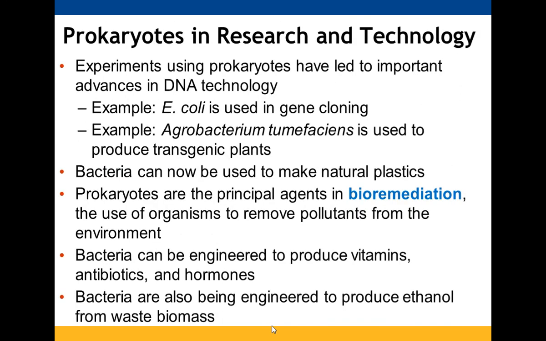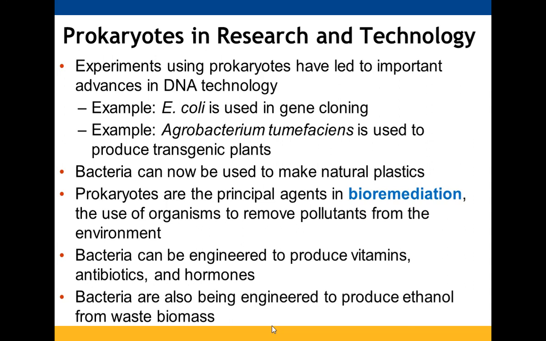Okay. We've been able to use prokaryotes to get further along with DNA technology. Again, we can use E. coli with gene cloning. That was what we used when we were doing our transformation lab. We can use some bacteria, Agrobacterium tumefaciens, to make plants that have taken up DNA, transgenic plants.